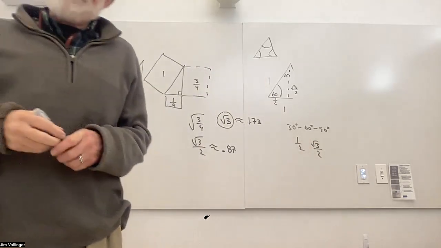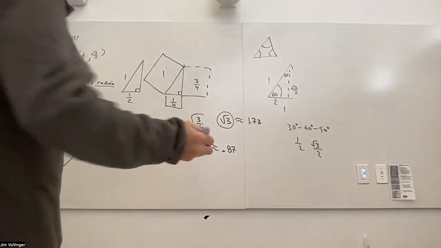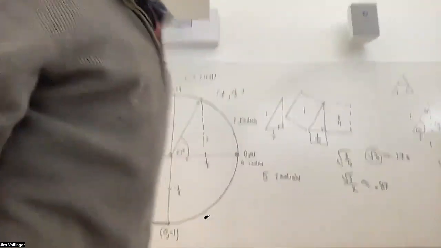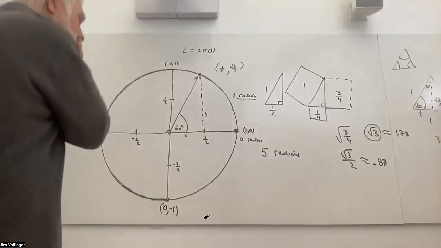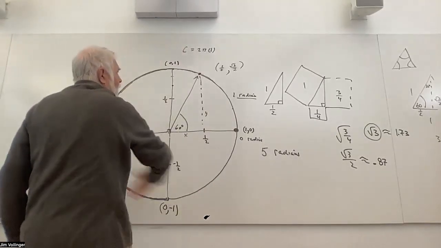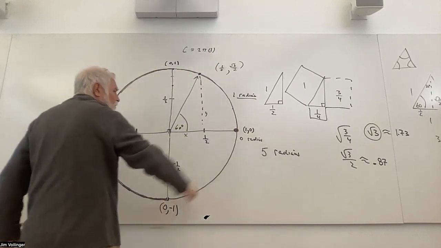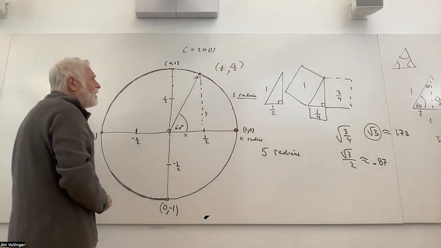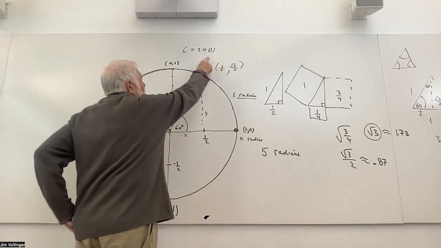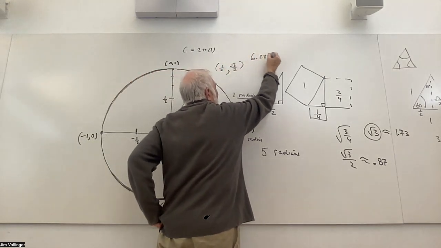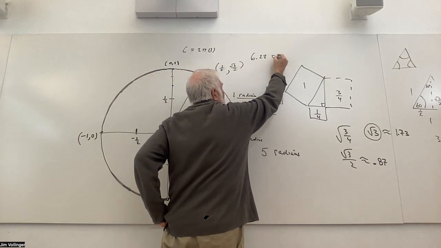All right, so what's 60 degrees? Well, we're back over to the unit circle. Two pi r. And if the radius is 1, then it's 2 pi radius lengths to go all the way around. And what is 2 pi radius lengths? Roughly 6.28 radius lengths.